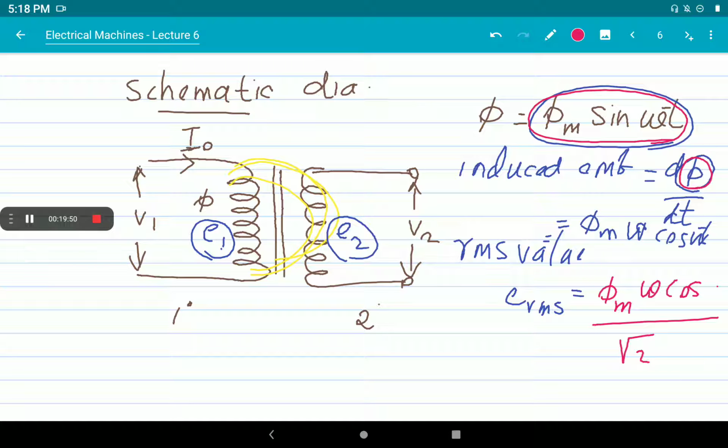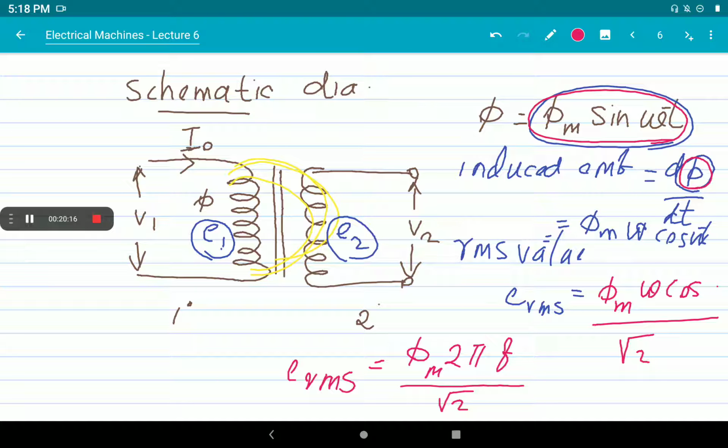So the E RMS value. Omega can be written as 2 pi f. So E RMS is phi m into 2 pi f cos omega t divided by root 2. So we get 2 pi f by root 2 times phi m.